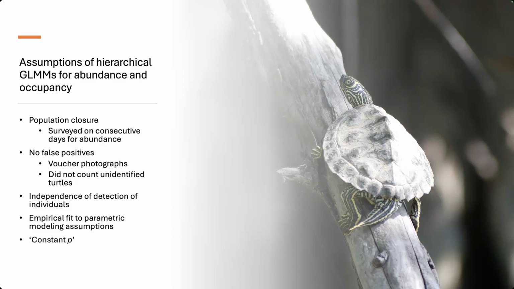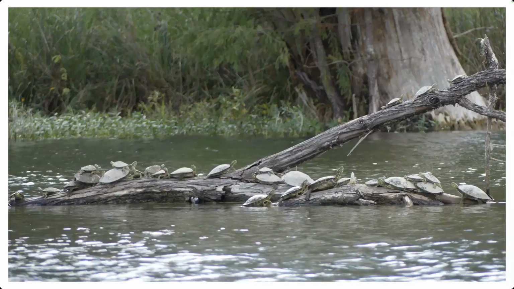I'm not going to get into a lot, for the sake of time, of our protocols for surveys themselves, but I'm going to tell you that we were highly dependent on optics. So we relied very heavily on cameras to do our surveys, to make sure we had accurate counts.